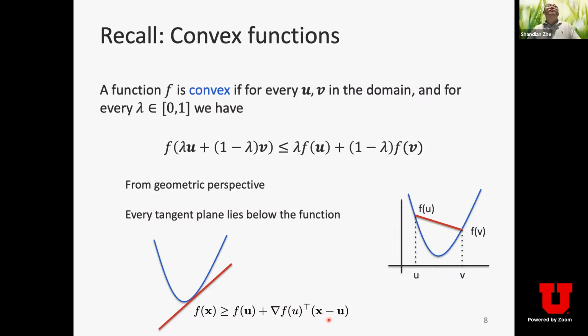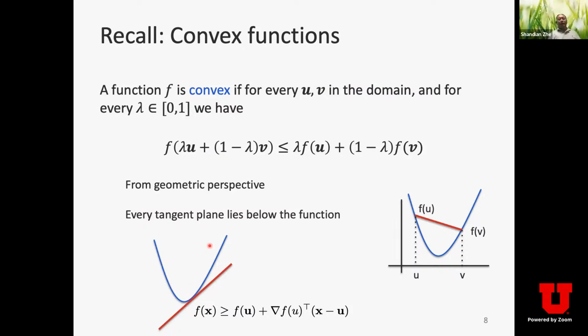So what does this mean? This is a tangent line. Suppose this place is where u is located, and the gradient of f at u is actually the slope of this tangent line, and it passes through u and f(u). So this is actually a tangent line.